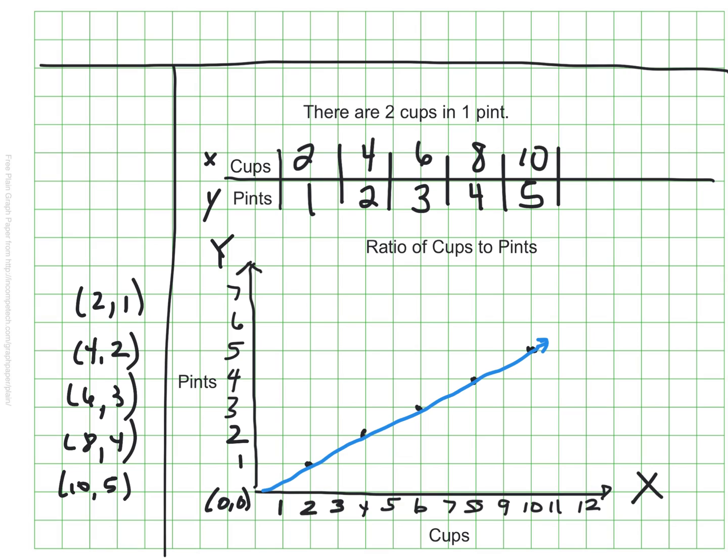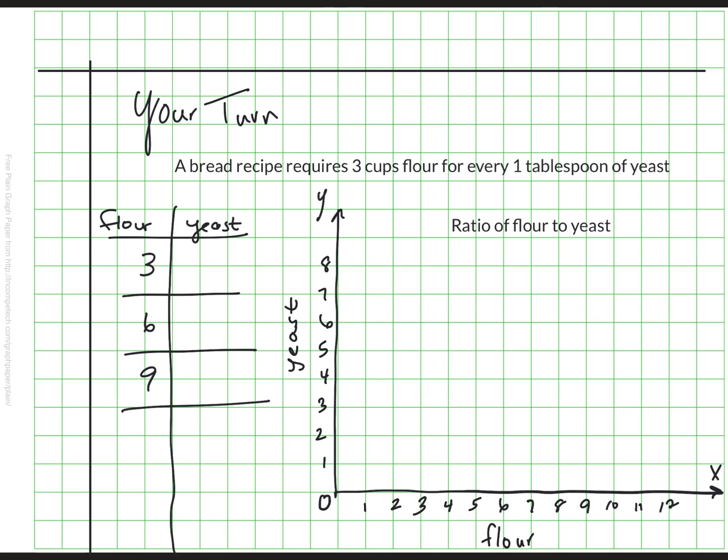Cats and dogs don't have fractions or partial pieces, but we can have a partial measurement of a cup and a pint. We could have 1 56/100 of a pint if we wanted. So I can connect the points to show that there's value in between each of those coordinate points. We'll be able to talk more about that as we get more into graphing.